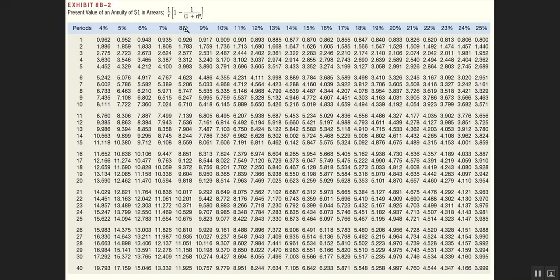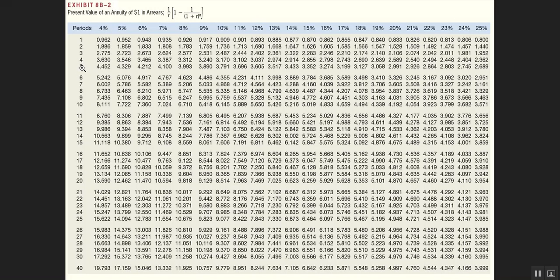And let's see, we're doing a 5-year period of time. So this is the line that matters to us. But the problem is we don't know the percentage. That's what we're trying to figure out. What's the percentage of the internal rate of return? So we don't know this part, but we do know the period of time.